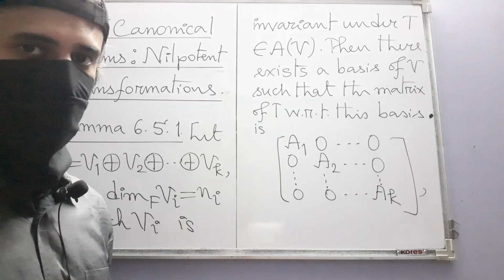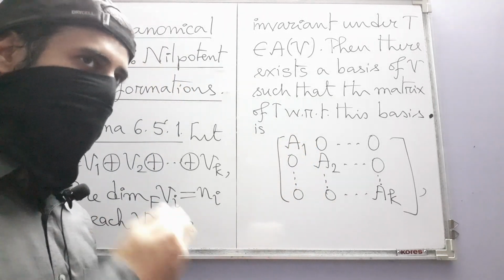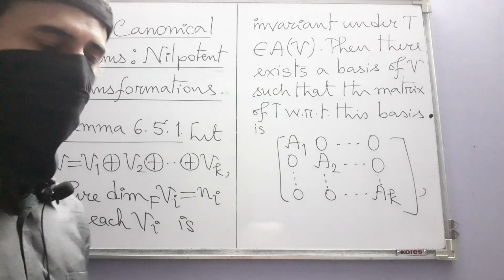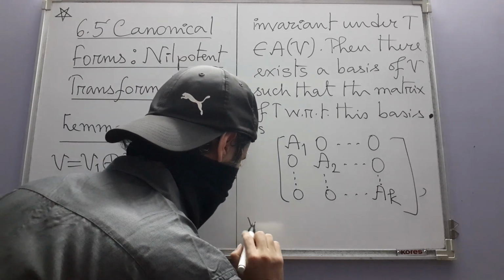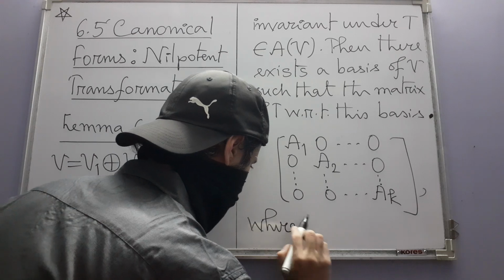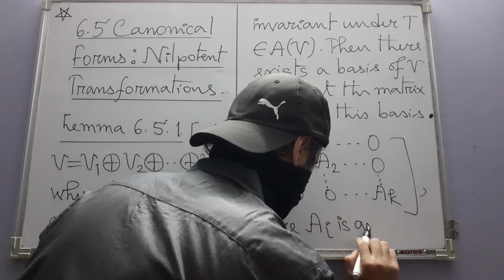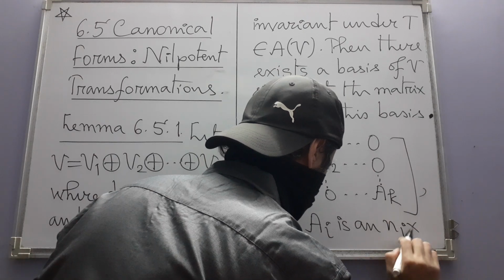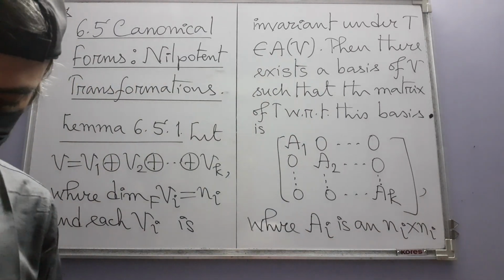No, that's not the meaning. It just means that A1, for example, is an n1 by n1 array, where Ai is an ni by ni matrix.